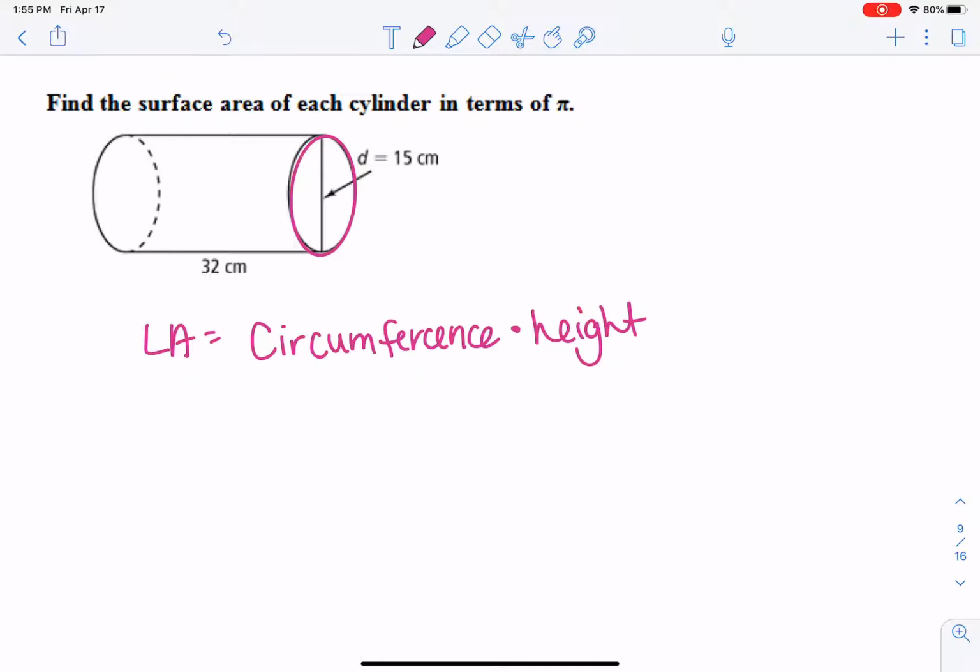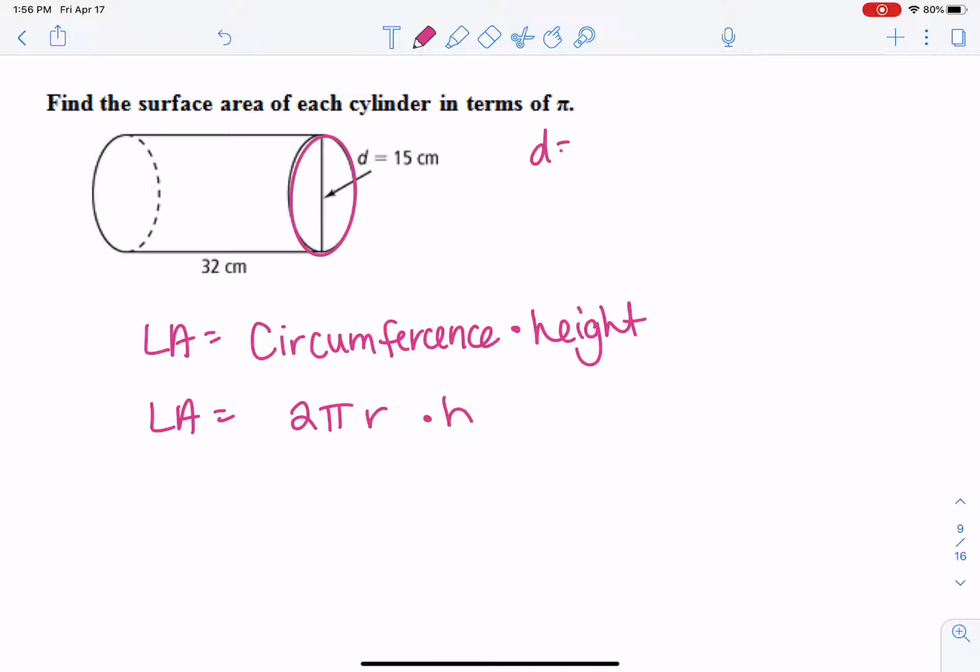Basically, when I have that rolled out label, it's going to be a rectangle, and then the circumference is like, if you were doing length times width or base times height, circumference is like the base and height is the height. So circumference is 2 pi r, and then times the height.